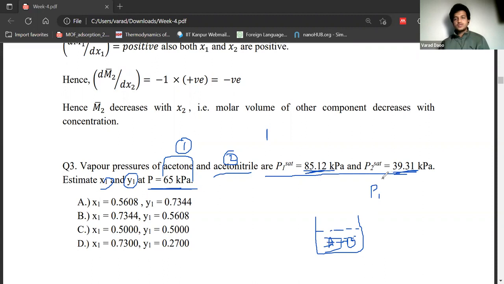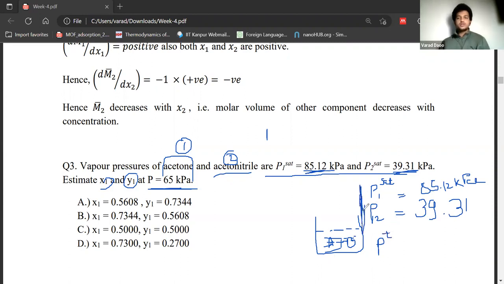The saturation pressure of component 1 is 85.12 kPa, the saturation pressure of the second component is 39.31, and the total pressure has also been given. These two are saturation pressures at some temperature, and the total pressure is what the mixture exerts on the walls of the container. That pressure is 65 kilopascal.